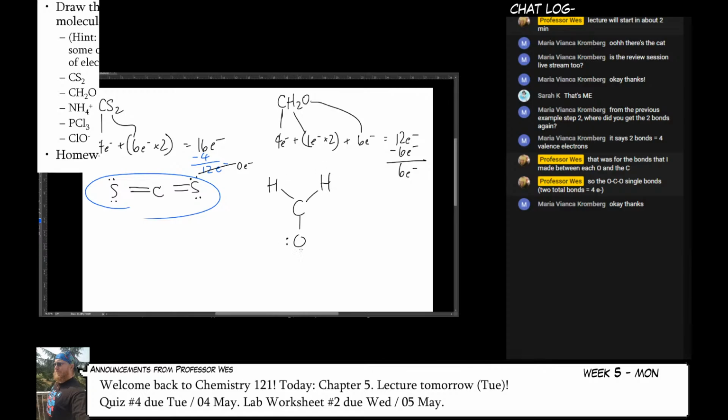So I'm going to put them around this oxygen. 1, 2, 3, 4, 5, 6. So that's all my electrons. I have nothing to put on the central atom for step 4, so we'll skip that. But step 5 is if you don't have an octet around the central atom, make multiple bonds. So I do need to do that because I only have 3 here. I need to get a 4th bond for 8 total electrons. We'll do that. And there's the structure.